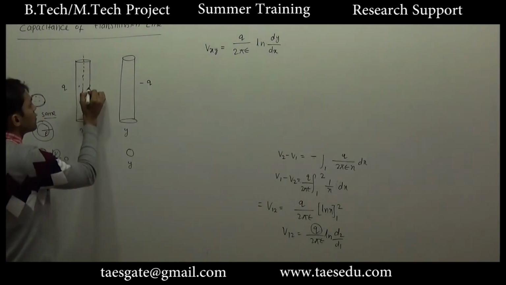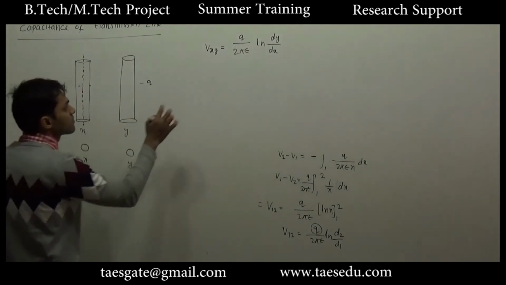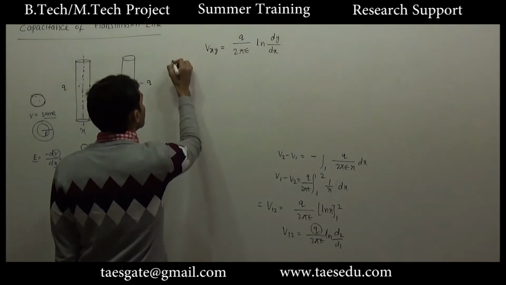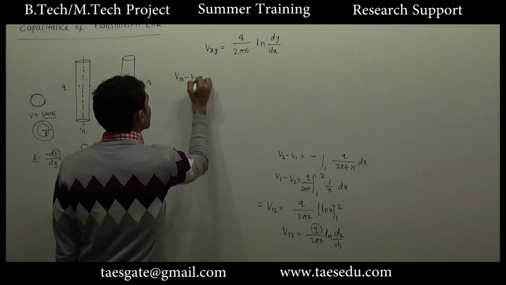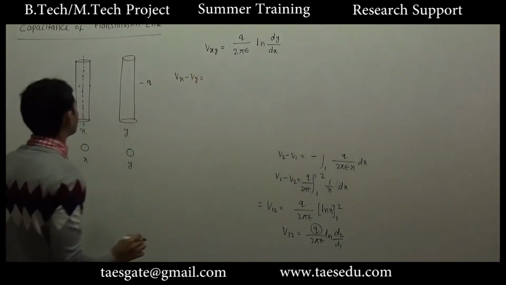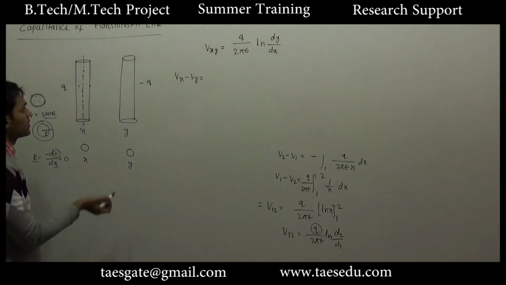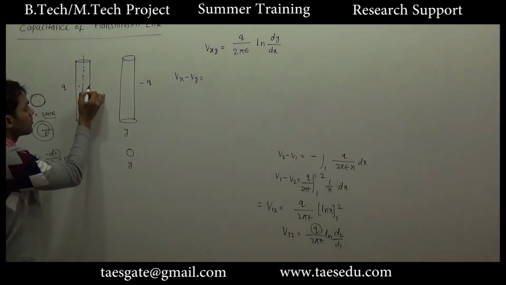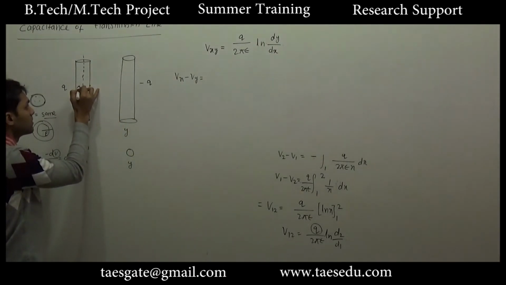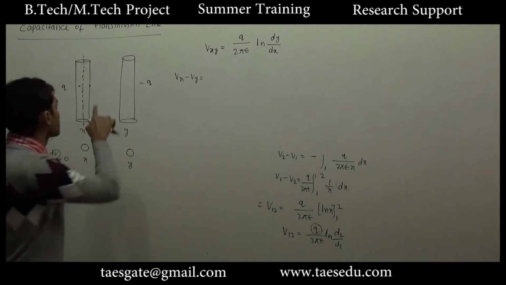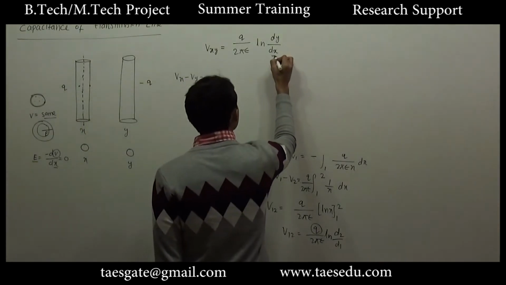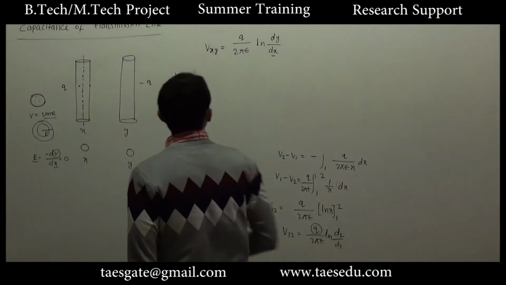Okay, so if we take the potential at the surface, this will be nothing but Vx minus Vy. The potential of conductor X inside this conductor can be taken as the potential of the surface only, and for the surface dx can be taken as the radius of this conductor.